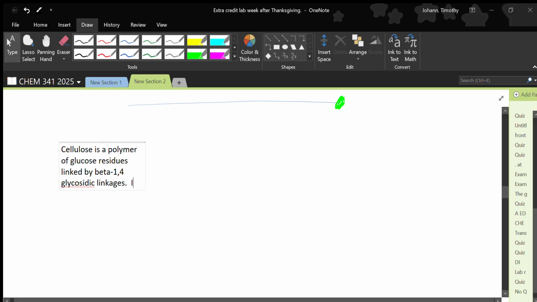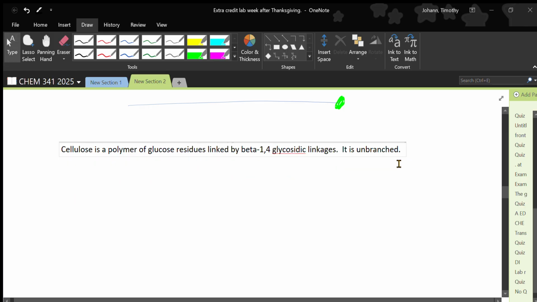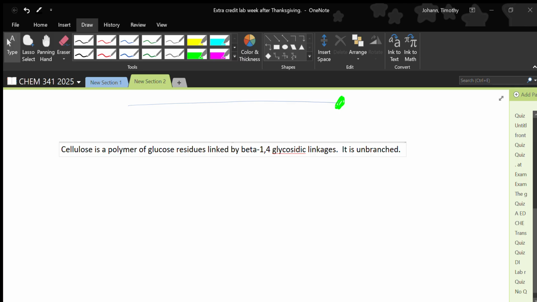Okay, it's unbranched. All right, most animals can't digest cellulose because they don't have enzymes to break down 1,4 glycosidic linkages.